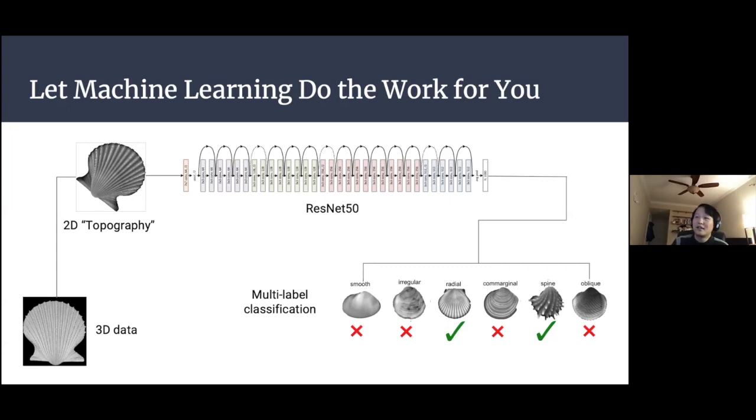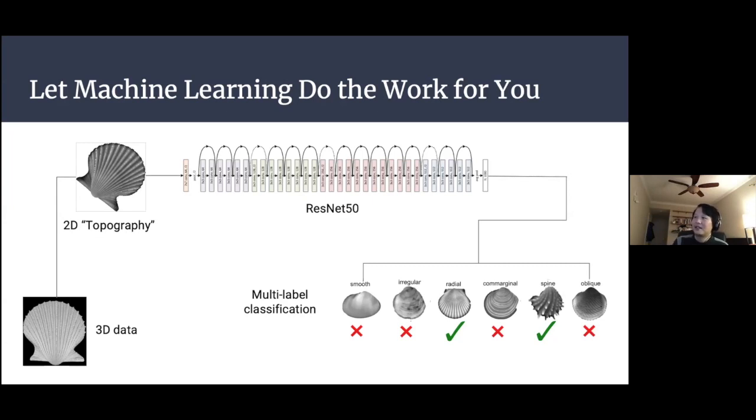We then send these 2D topographic images through a deep learning architecture, for example, the well-known ResNet architecture, where the main difference is to remove the last classification layer, which exists, for example, in the ImageNet data.